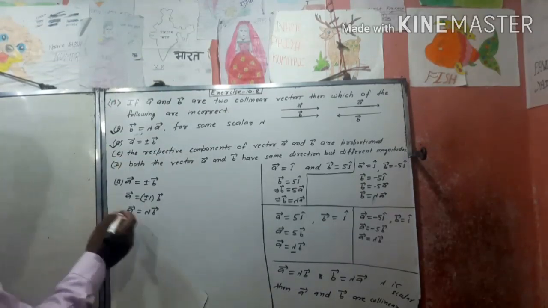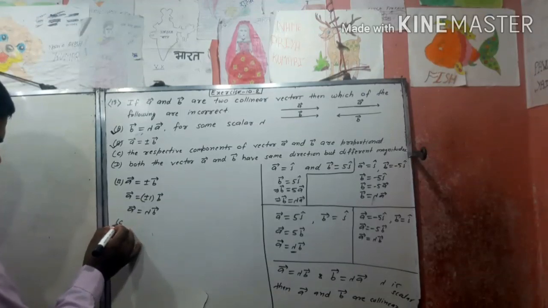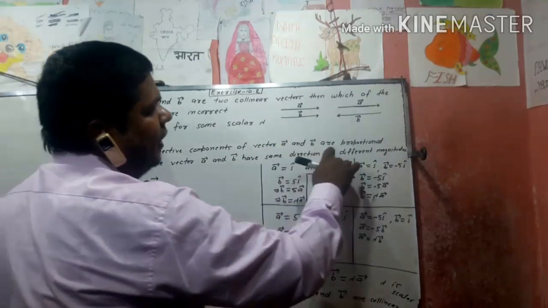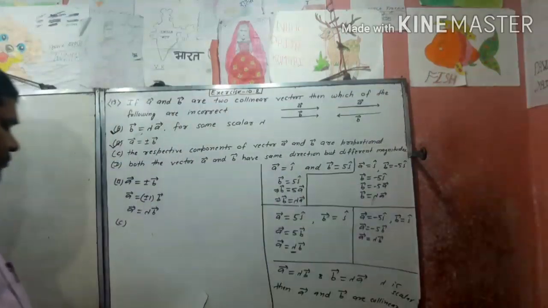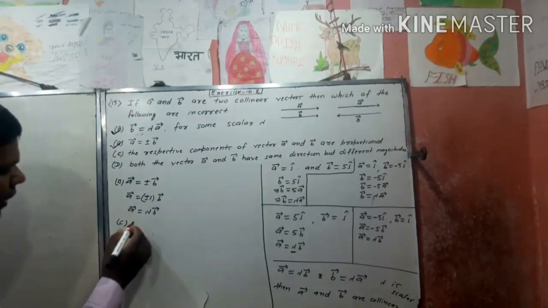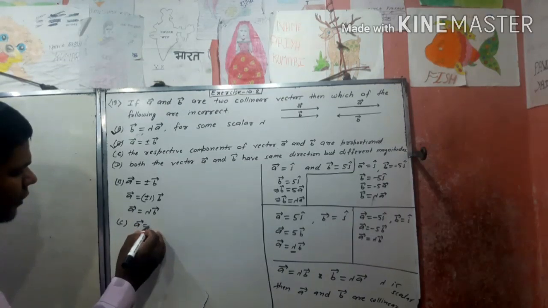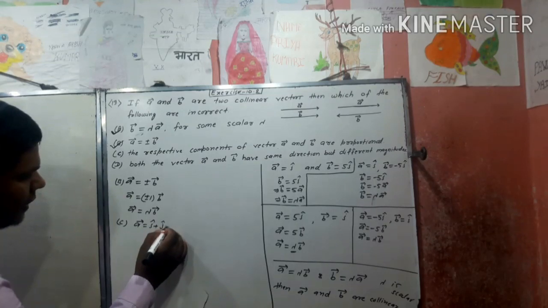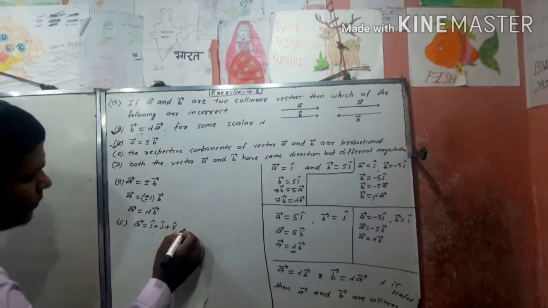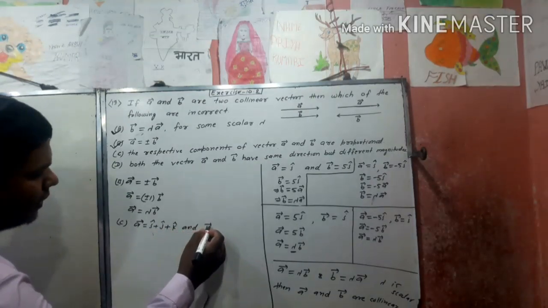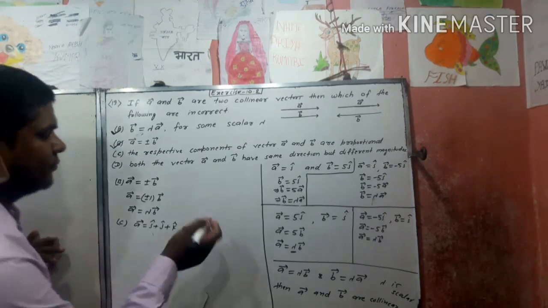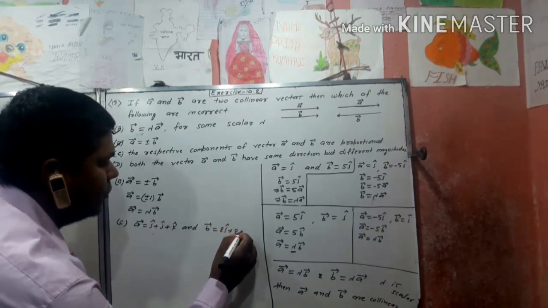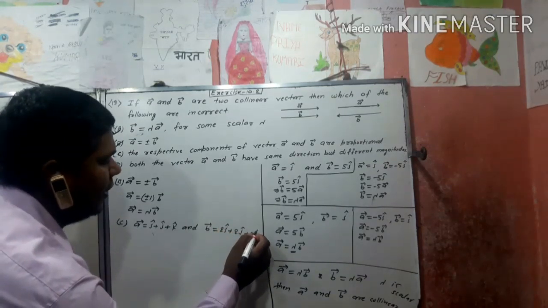We see option C. The respective components of vector A and B are proportional. Let A vector be equal to I cap plus J cap plus K cap, and B vector be equal to 2I cap plus 2J cap plus 2K cap.